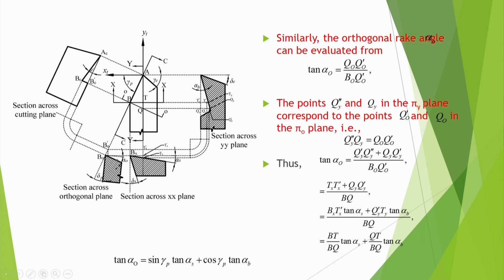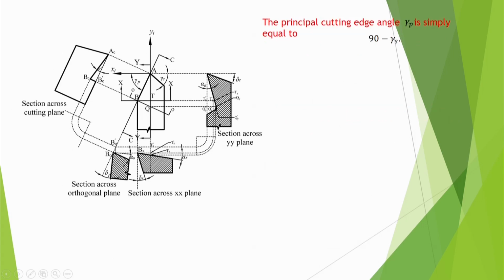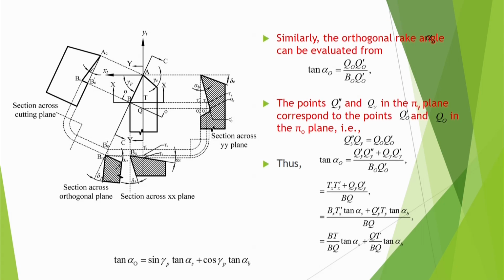Suppose Q0 is a point just on the surface where I have cut. Okay. So let me just go to this one. Yeah, it is basically here. That means this Q point is here. That Q point will come here. Here I had not shown earlier. Now I am showing Q is somewhere here, and this will be tan alpha 0 is equal to B0 and Q0 dash.